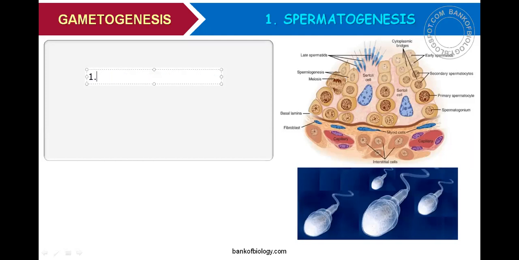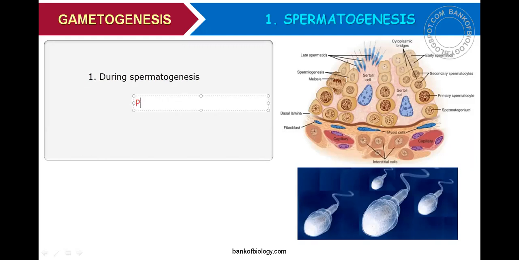Then meiosis 1. During spermatogenesis, meiosis 1 is performed by, very good, primary spermatocytes. So a question will come like this. Let's add to it. During spermatogenesis, the rest of the question changes here.